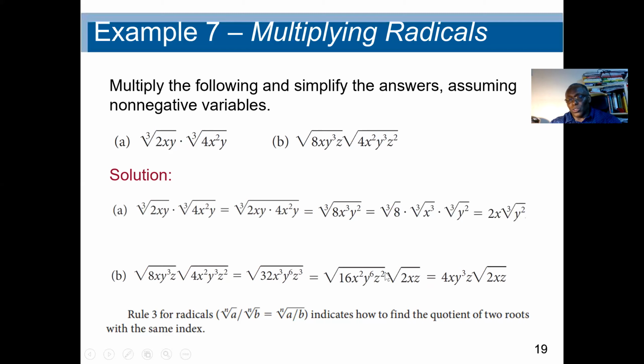Z square, so 2 times half will be 1. So the remaining will be, of course, here we break it. Remember the x is cubed, we take 1 out and we keep the 2 to cancel half the exponent. So the final answer will be 4x y cubed z square root of 2x z.